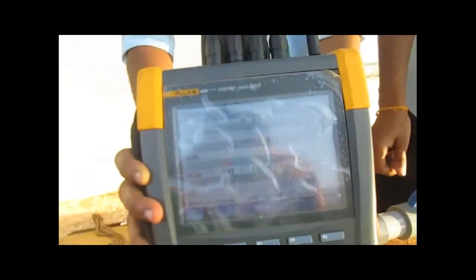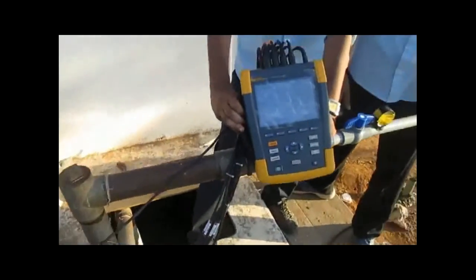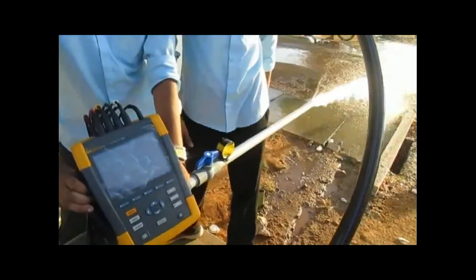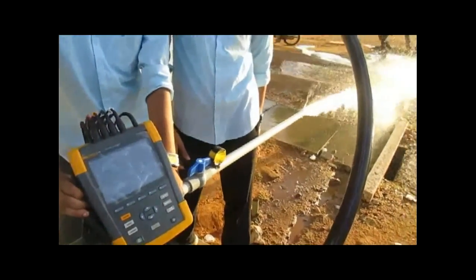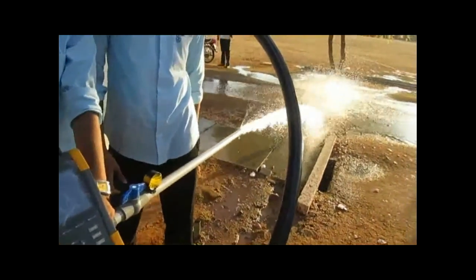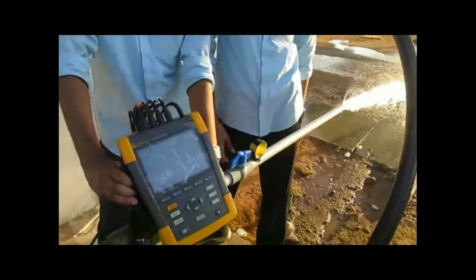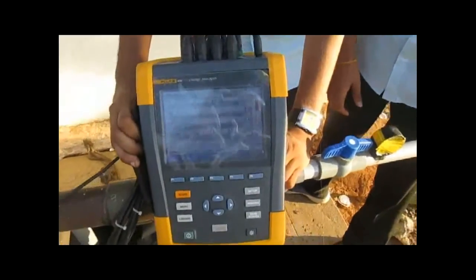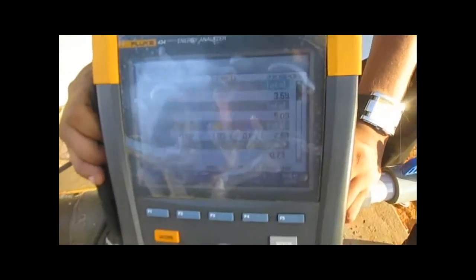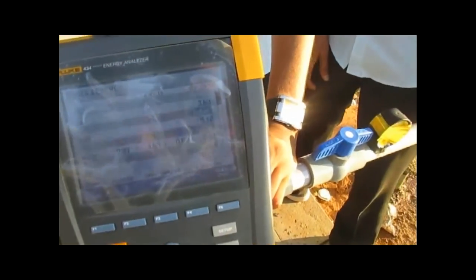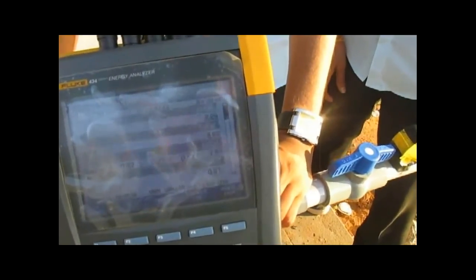Look at it again. The valve is fully open. The flow is 100% now. When the flow is 100%, the power consumed is 3.6 kilowatt.